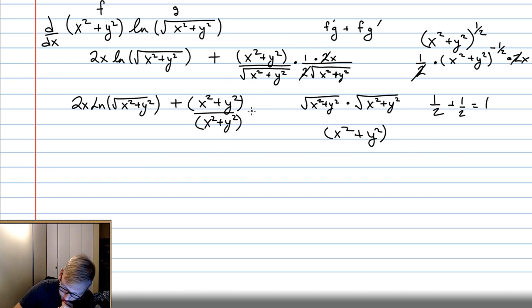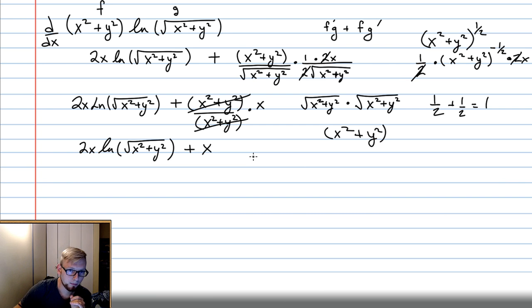And then there's an x still up top, which I'll just write over here. So these will cancel. So then this is just 2x natural log of square root of x squared plus y squared plus x.